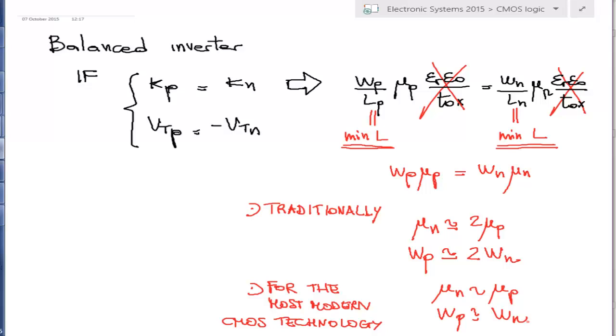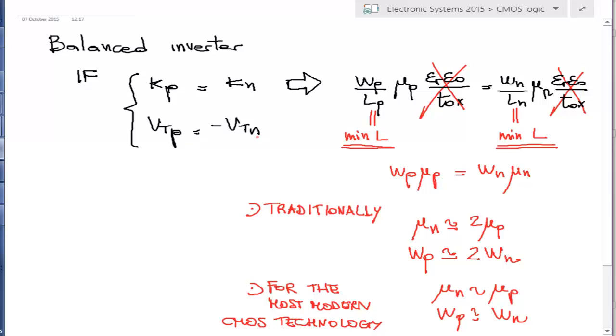So in the end, it's a big improvement in terms of area occupation. Before you had to make large PFETs, now you can make the PFET as large as the NFET. Okay, this is the reasoning for the K constant.